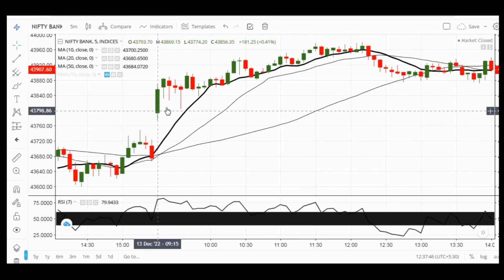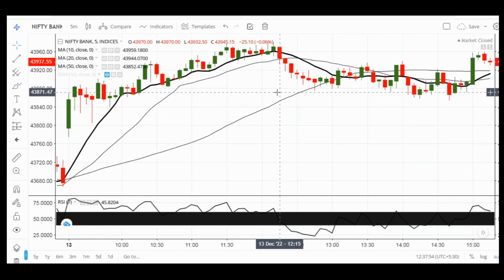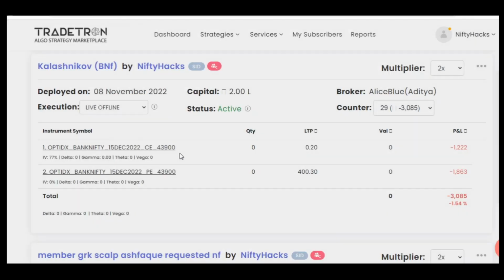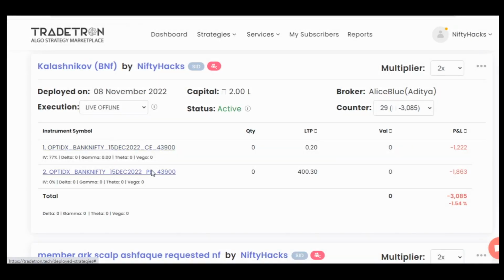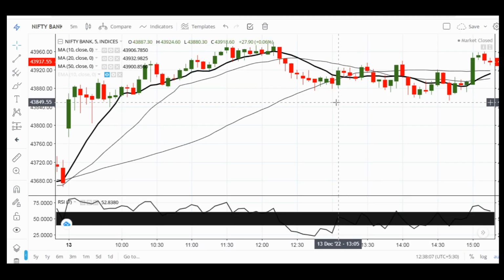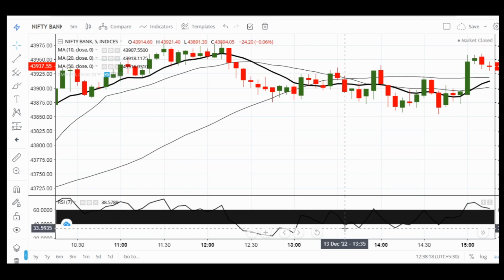As I have told you, our 2 call side conditions have been done. So even if we get other trades, we won't take any trade on the call side, on the buying side. Let's see if we got any put side trade on that day, which we ultimately got and got stopped out also. So at 1:40, somewhere, yes, okay, here we got entry because we crossed below RSI 40.